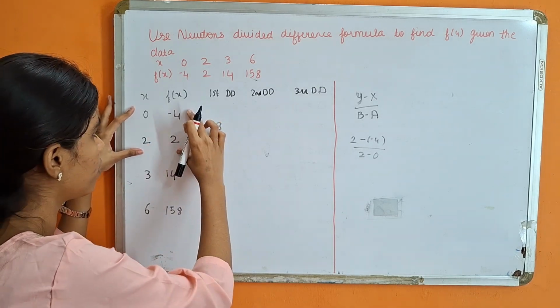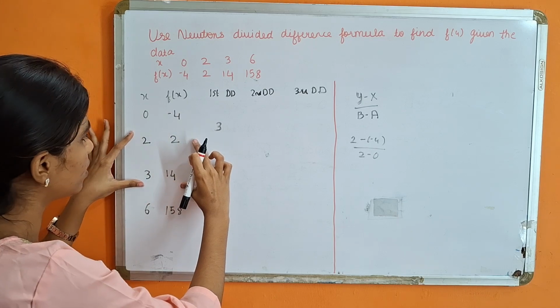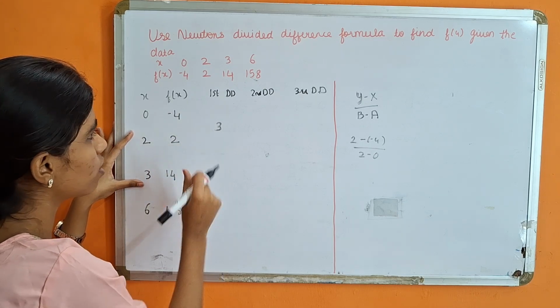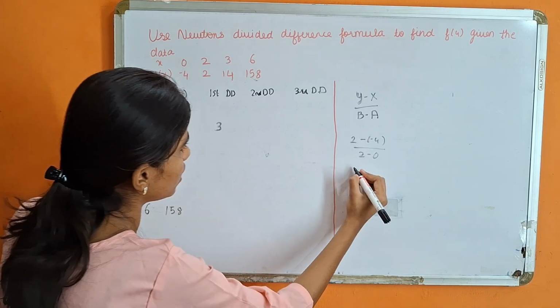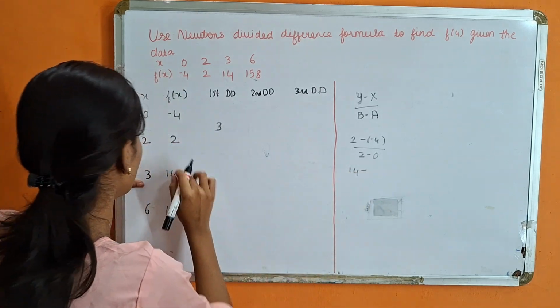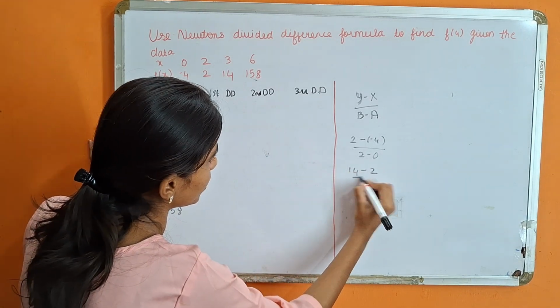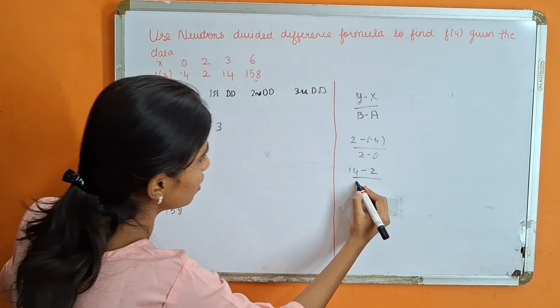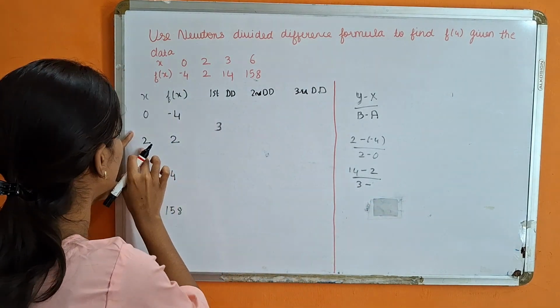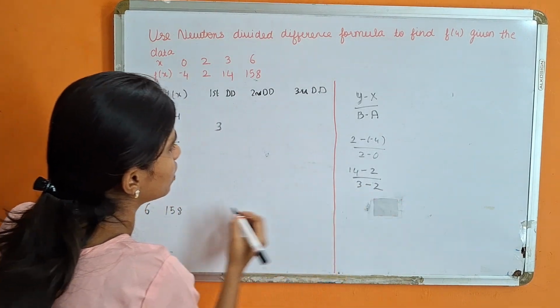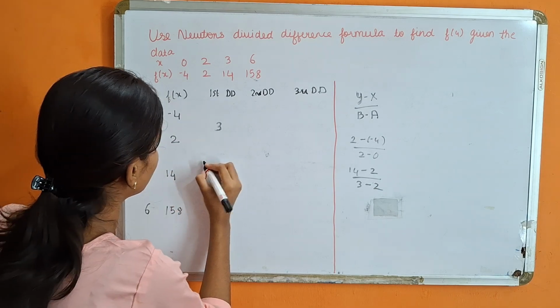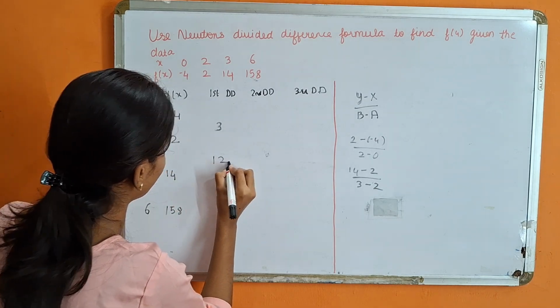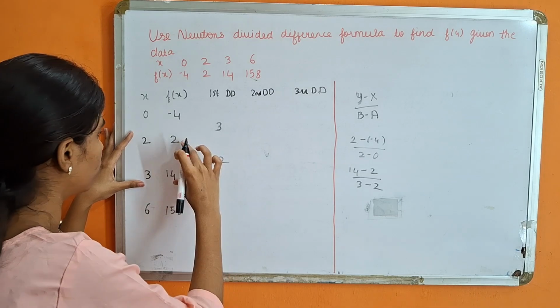Now when you're finished with these 4 terms, you're going to consider the next 4 terms. Now what is your y? Your y is 14 minus your x, which is 2, divided by your b, which is 3, and your a, which is 2. So here we get a value as 12. It should be between these both.